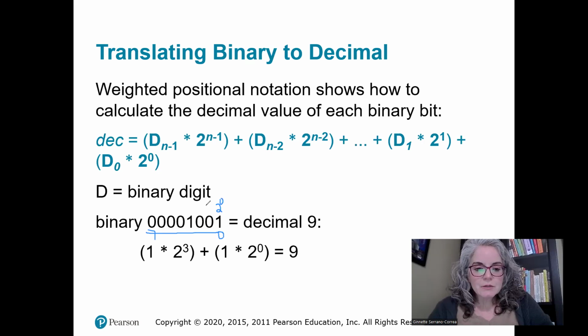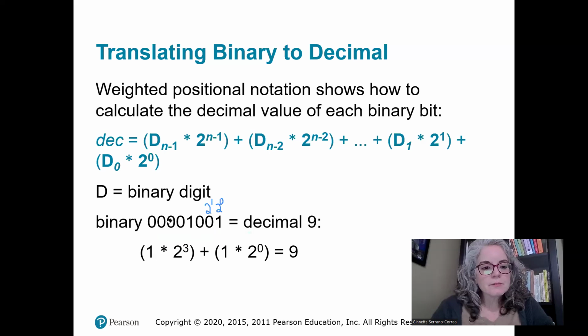This one is 2 to the power of 1, correct? 2 to the power of 2, 2 to the power of 3. So 2 to the power of 0 is 1. That's how much it's worth. So this is worth 1.